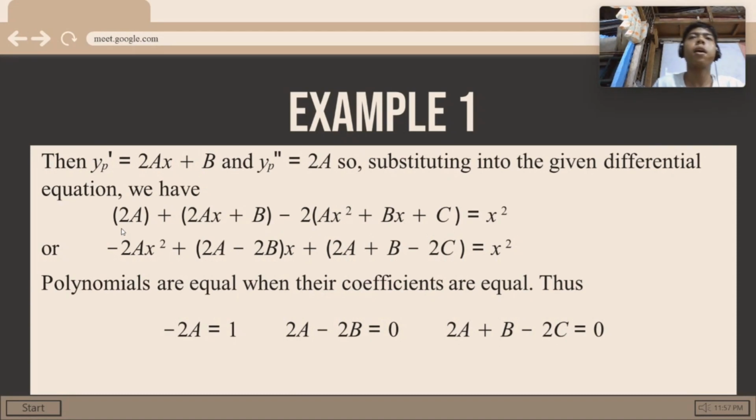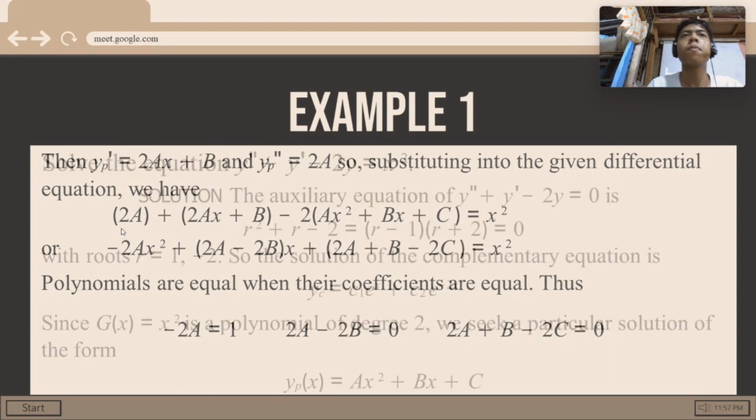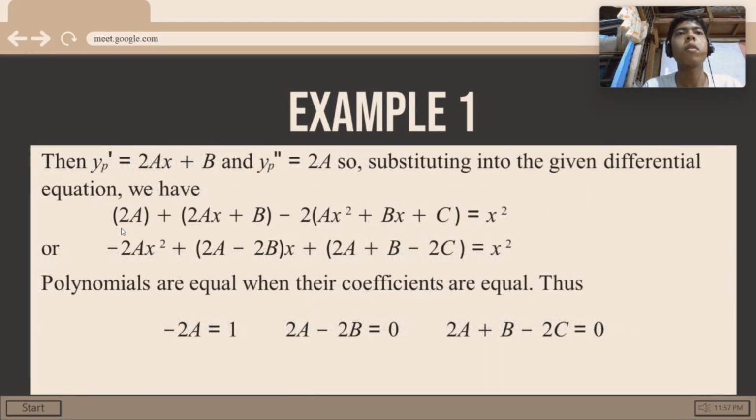Okay, so we now have negative 2ax squared plus 2a minus 2b times x plus 2a plus b minus 2c is equal to x squared.